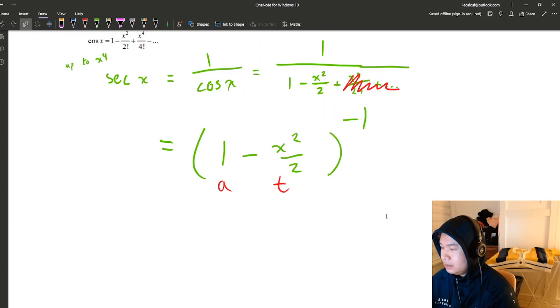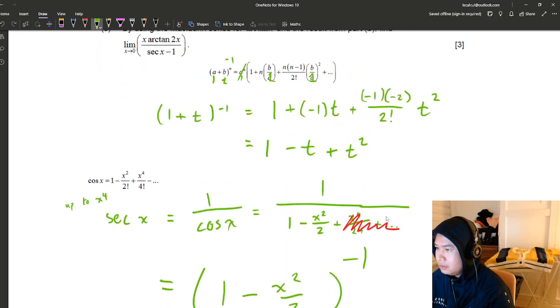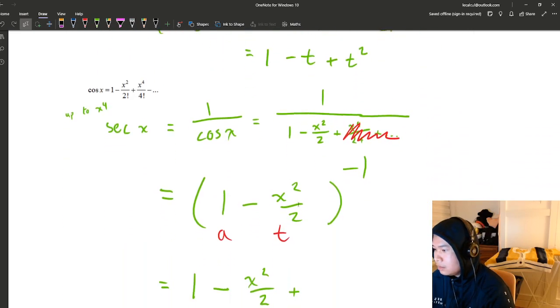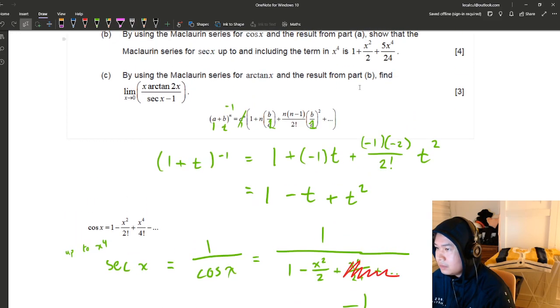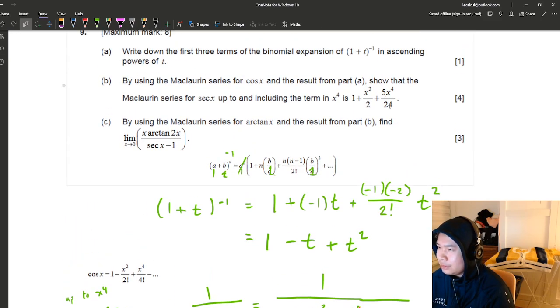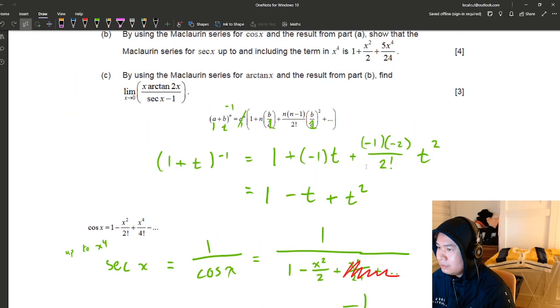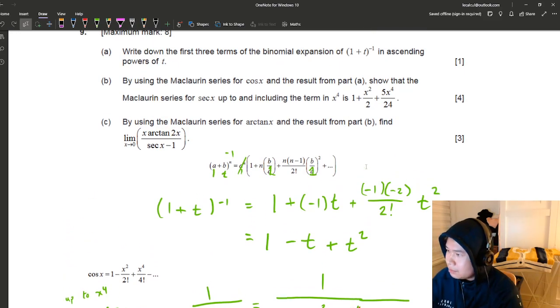Okay. So that means that this is going to become 1 minus t plus t squared. And then how do I get 5 over 24 from this? Did I mess something up?